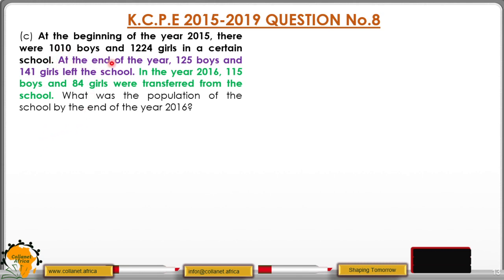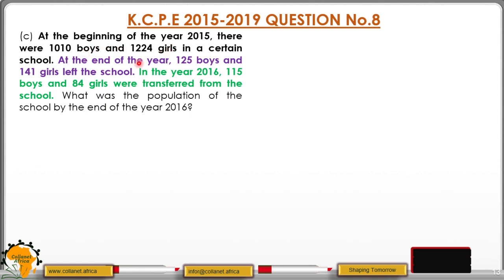At the end of the year, 125 boys and 141 girls left the school. In the year 2016, 115 boys and 84 girls were transferred from the school. What was the population of the school by the end of the year?